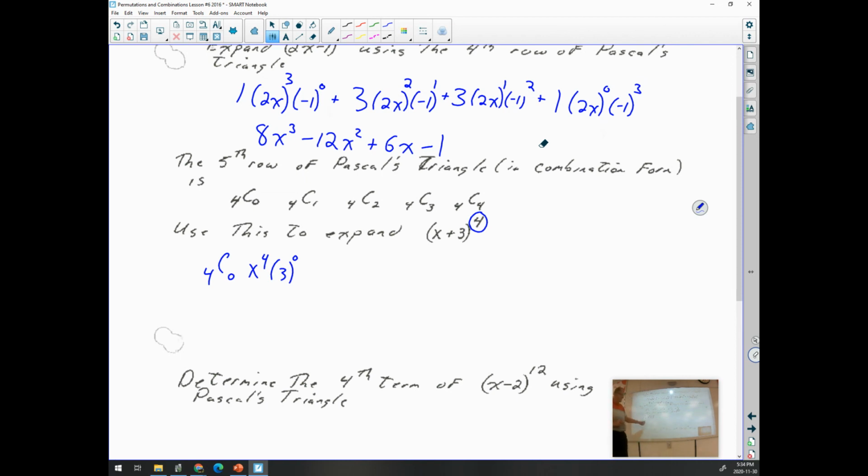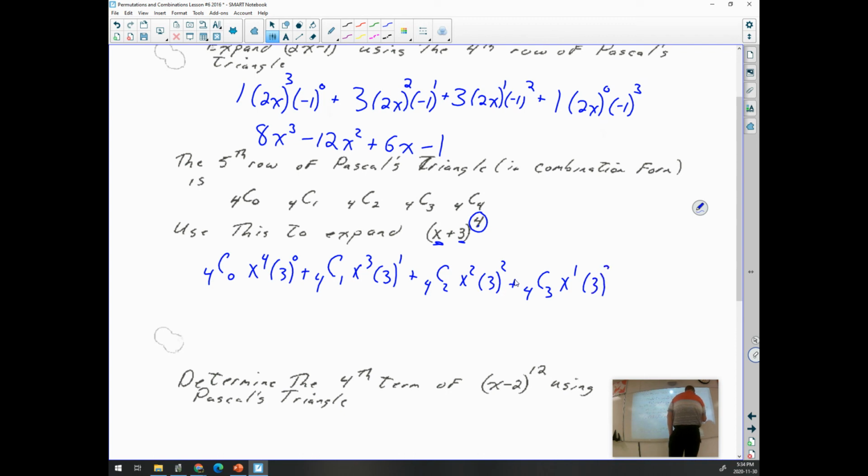Because we're going to start our first term, we'll have this guy here raised to the complete power there, and this guy to the 0. Then I'm going to go 4 choose 1, x cubed, 3 to the 1. 4 choose 2, x squared, 3 squared. 4 choose 3, x to the 1, 3 cubed, plus 4 choose 4, 3 to the 0, x to the 0, 3 to the power of 4.